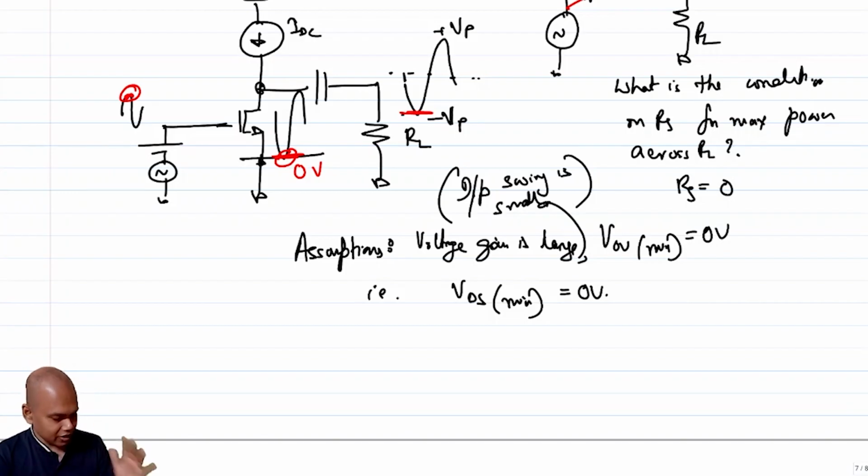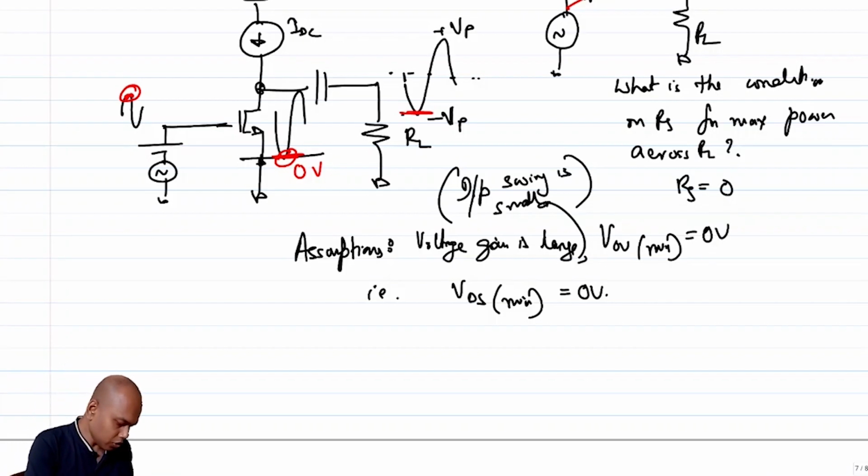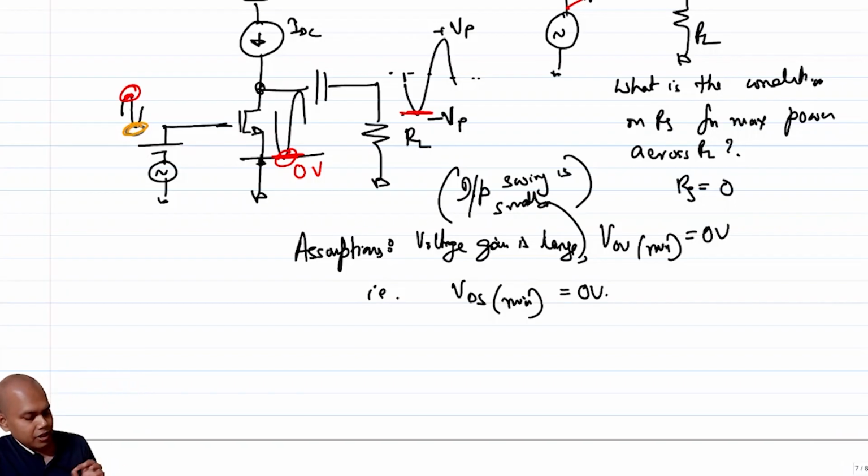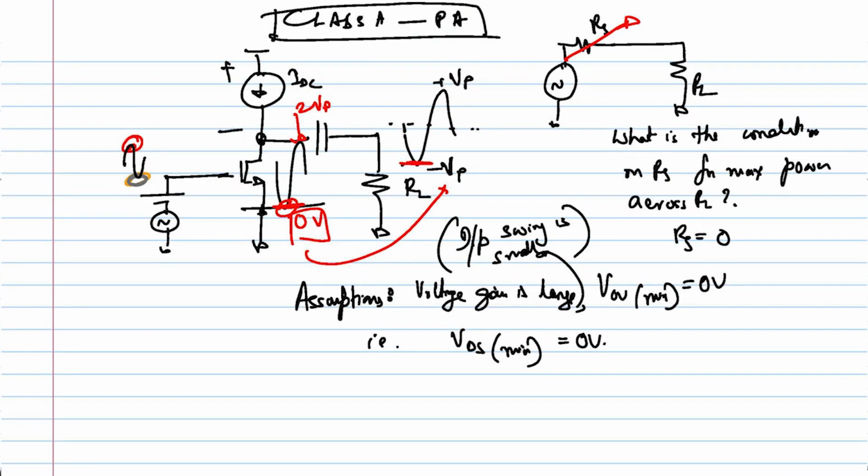Okay, fine. If that is the case, when input increases, output goes to 0. That corresponds to negative Vp at RL level, right? Okay. So now, what is happening when the input goes negative, when the input is at its minima? Let me redraw.